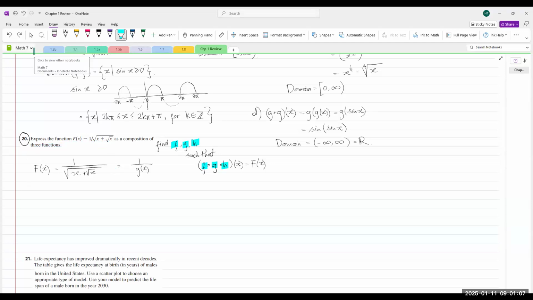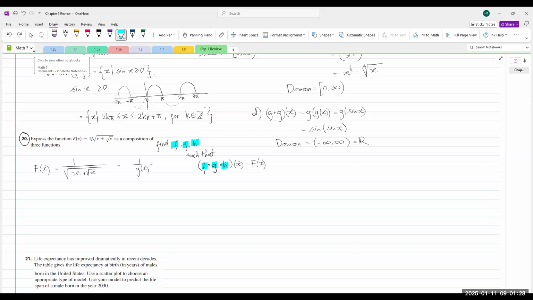Express this function as a composition of three functions, not three different ways, even though we may possibly write it in three different ways or even more. But all you need to find is one way to do it that consists of three functions.